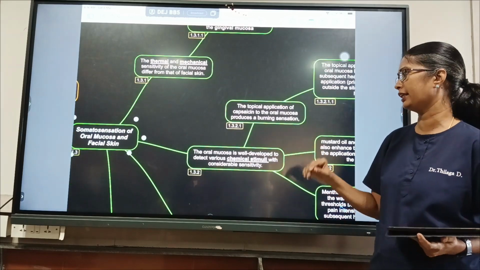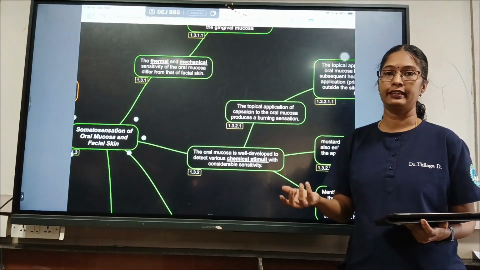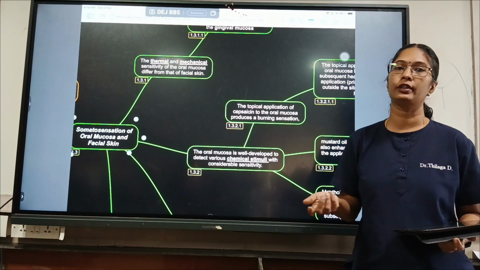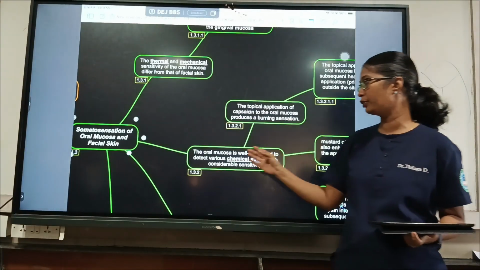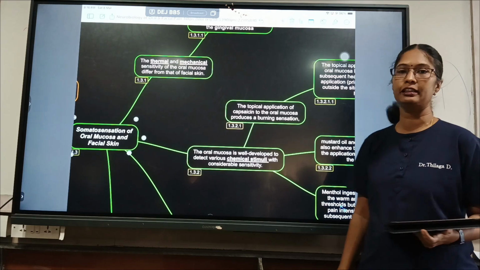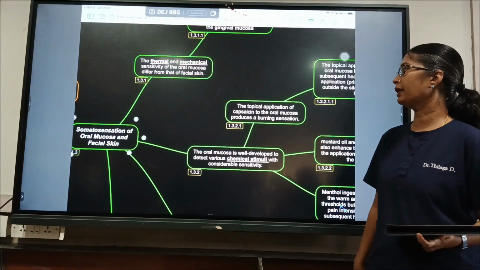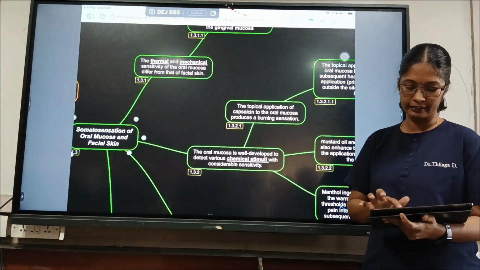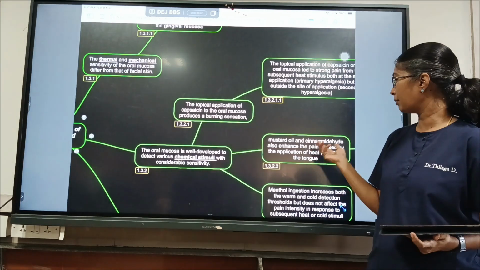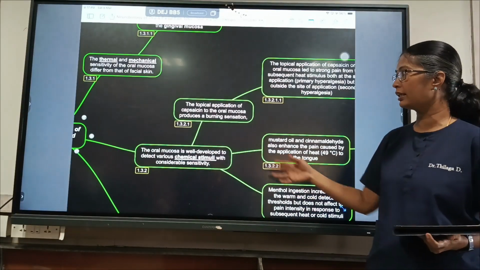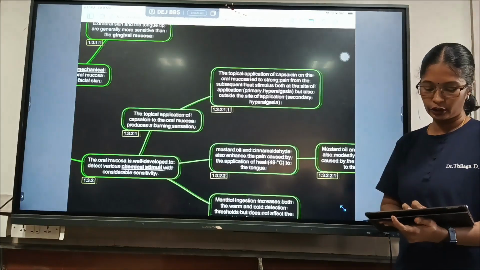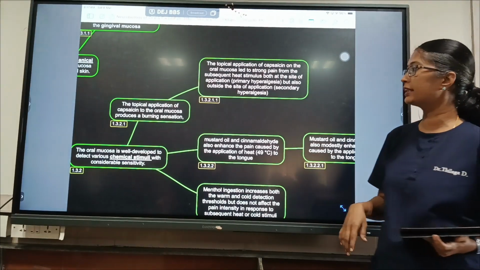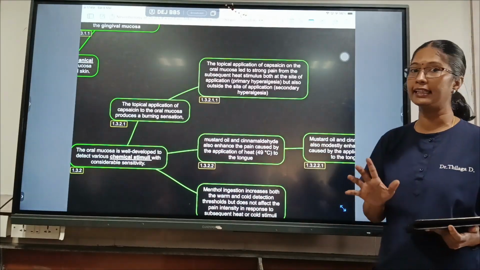Coming to chemical stimuli, which is really more sensitive, facial skin or the oral mucosa? Obviously, oral mucosa is well developed to detect various chemical stimuli with considerable sensitivity. When we apply certain chemicals like capsaicin, mustard oil, cinnamaldehyde, or even menthol, there are different sensations perceived. The topical application of capsaicin to the oral mucosa produces a burning sensation.